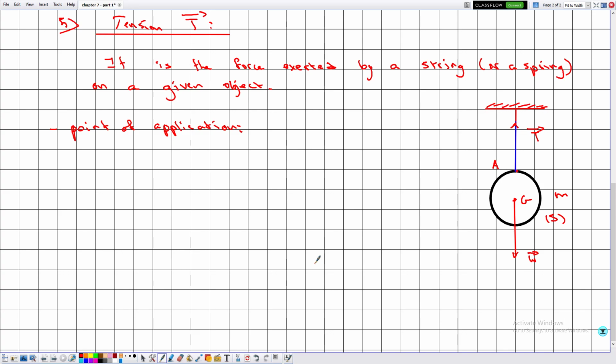Notice that the tension T is not electric, nor weight, nor magnetic, so it's not a force acting at a distance. Therefore, the classification of this force is a contact force. Then the point of application will be the point of contact A.